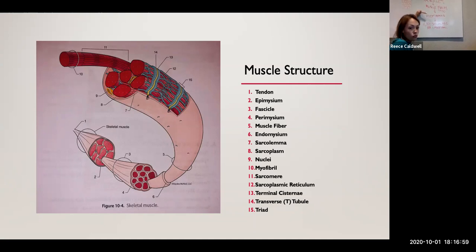We have a myofibril, which is an organelle. And inside one myofibril, we have 10,000 sarcomeres. Hopefully that made it make a little more sense. So that's the structure of a whole muscle.